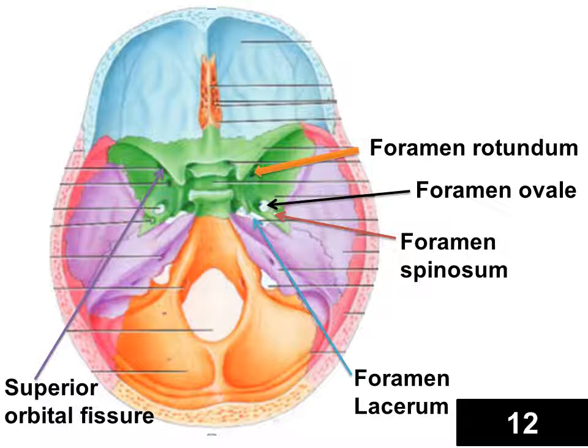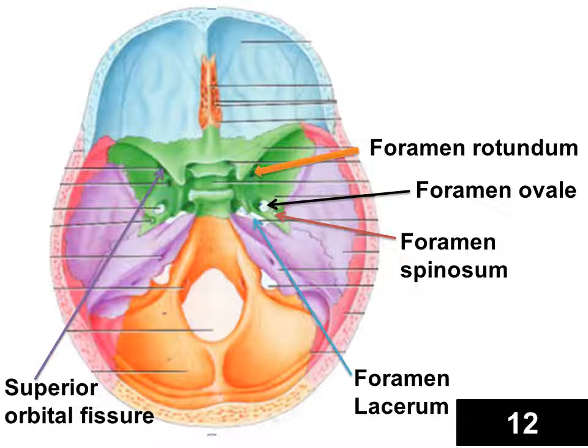Now posterolateral to the foramen rotundum we have the foramen ovale, called oval because it is oval in shape, and through it 2 structures pass: first the mandibular nerve and second the accessory meningeal artery.